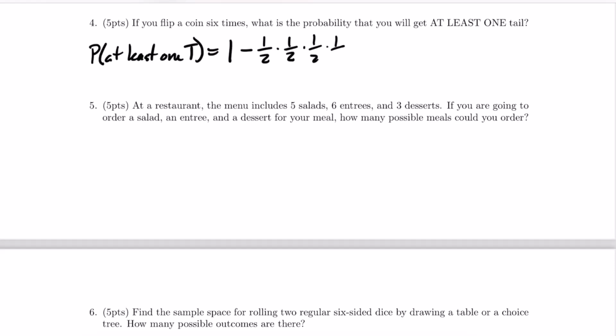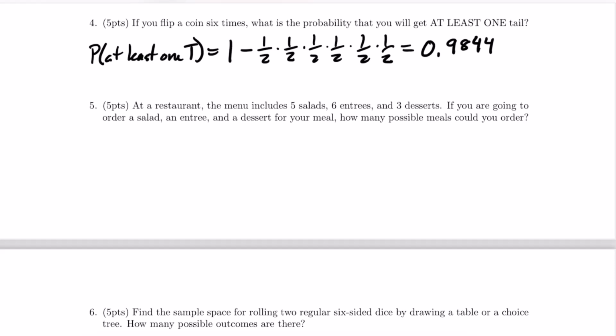Basically you'll continue this for 6 coin flips. If you multiply all of those together, the probability of getting all heads ends up being about 0.0156, so about 1% likely that you get all heads. That means the probability of getting at least 1 tail is 100% minus that, which ends up equaling 0.984375, but I'll just round that up to 0.44.